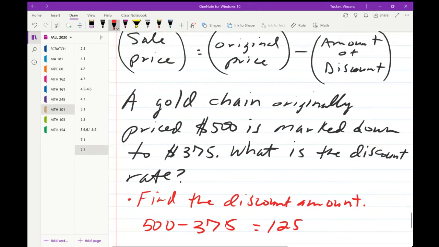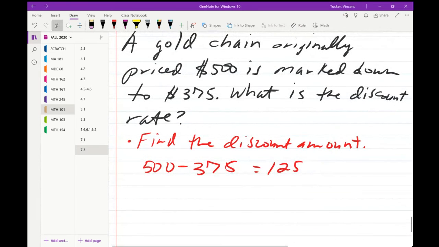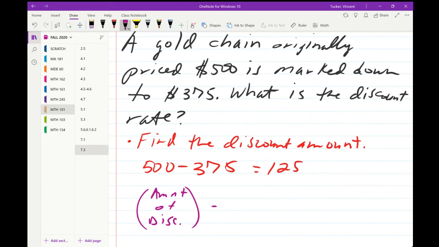Then we can take that 125 and plug it into the first formula, where we have the amount of discount, discount rate, and original price.